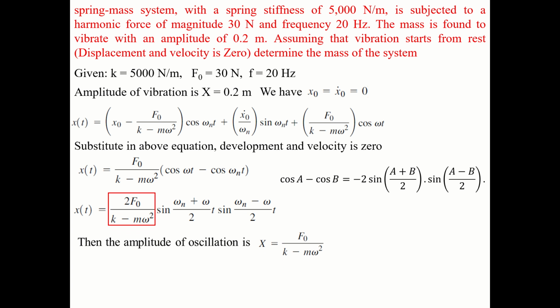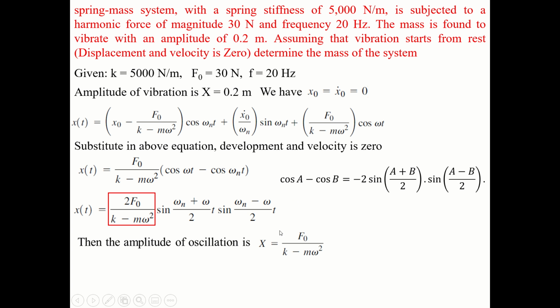So the amplitude of oscillation, meaning vibration, x is equal to f naught divided by k minus m omega square. So this term is the x. We have seen that x(t) is equal to x cos omega t or x sin omega t. Same thing here, so x is the peak amplitude. If you have confusion, see here: this is the particular solution we assumed, x cos omega t, where x is the peak amplitude.